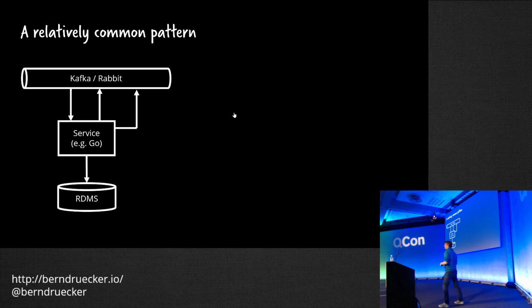So that's a pattern we saw a couple of times. Let's assume you're using Rabbit. The last customer I saw it at was using RabbitMQ. You have an AMQP message on the bus. Then you have a service, let's say written in Go, getting the message and doing some business logic, which involves doing something in the database, right? And then you want to send a response message.